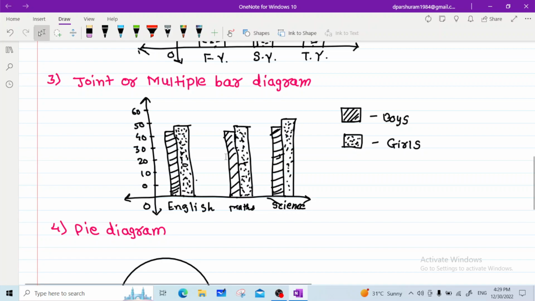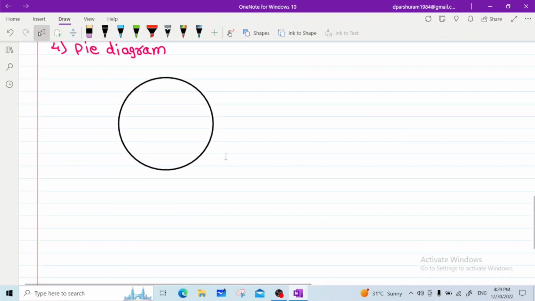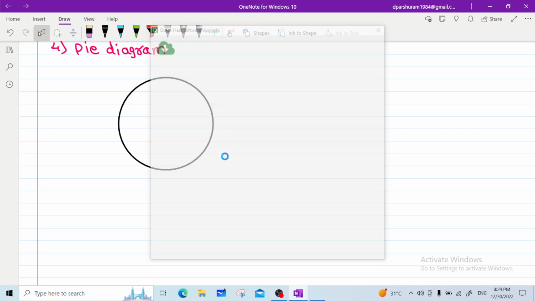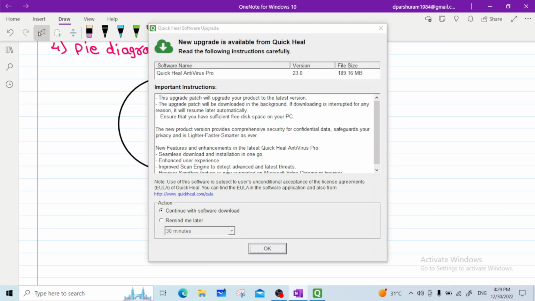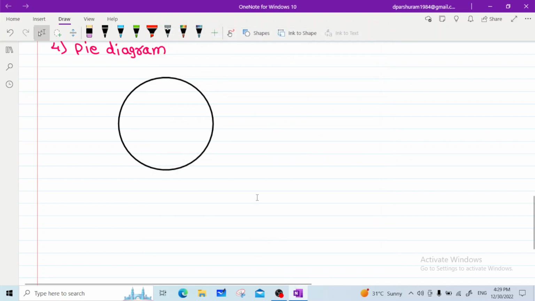Now on page number 5 there is the fourth, pie diagram, and for this pie diagram there is a problem. Draw a pie diagram to represent the following data. There are some groups of items and their respective monthly expenditure in rupees: food, clothing, house rent, fuel and others.